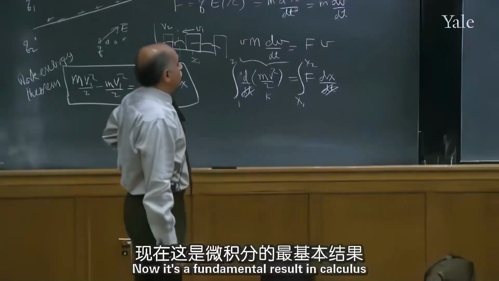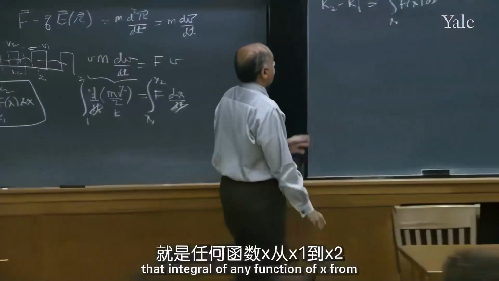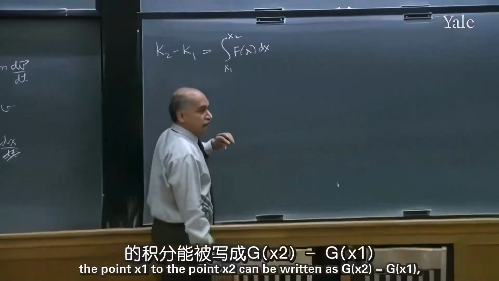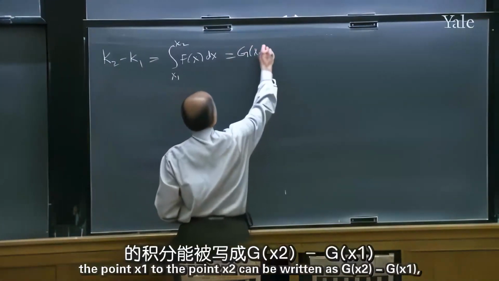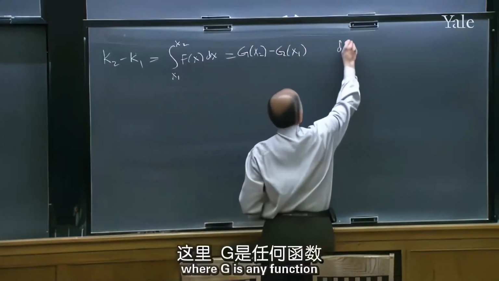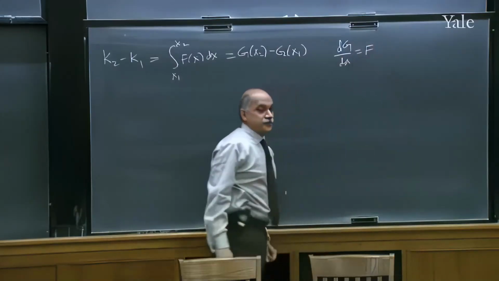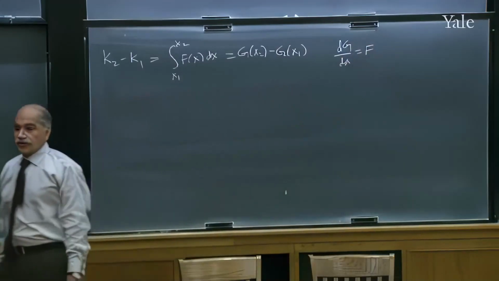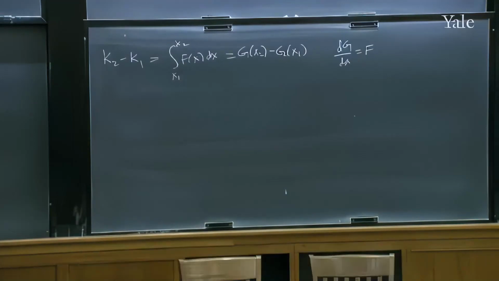Now, it's a fundamental result in calculus that the integral of any function of x from the point x1 to the point x2 can be written as g(x2) minus g(x1), where g is any function whose derivative is the f I'm integrating. For example, if f is equal to x, g is equal to x squared over 2, because the derivative of x squared over 2 is x.